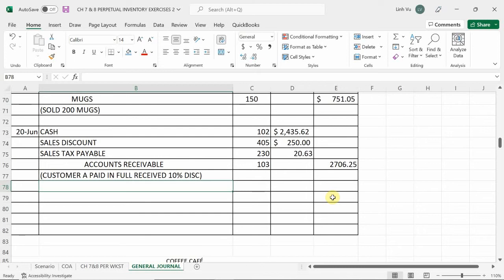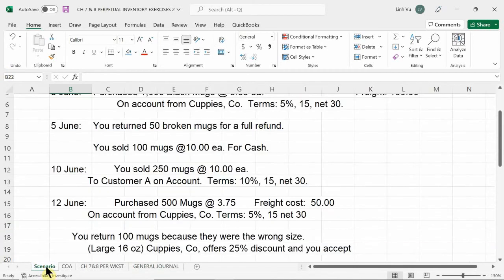You already subtracted it from earlier. So does a payment affect your inventory? No, because you already calculated and took it out of the inventory when you sold it originally on the date. So the payment does not affect inventory whatsoever. Okay, so let's see what's next.